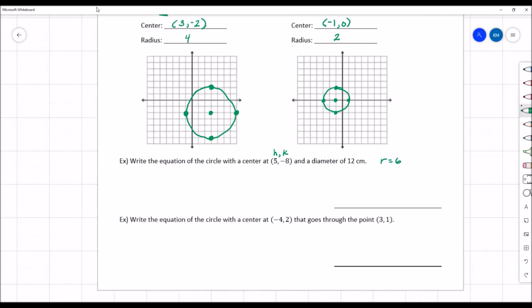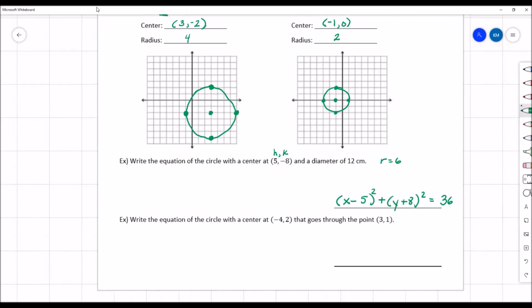With this information, we should be able to write the equation, referencing back to our formula for the equation of a circle. (x minus h), so (x minus 5) squared plus (y minus negative 8), and that's just plus 8, squared equals r squared. So 6 squared is 36.